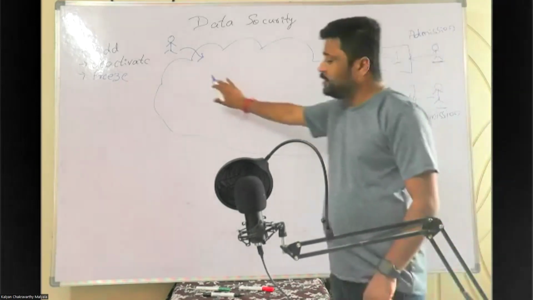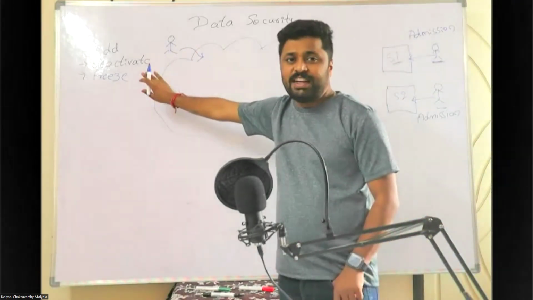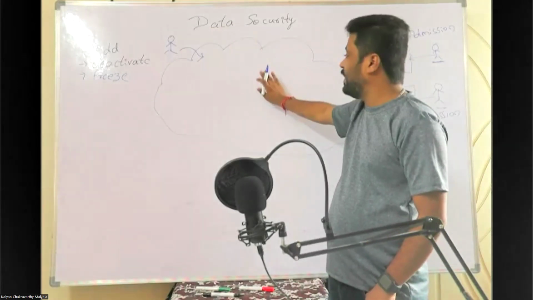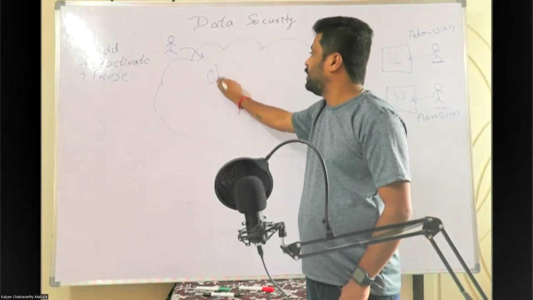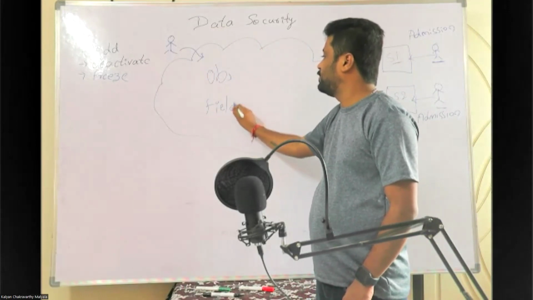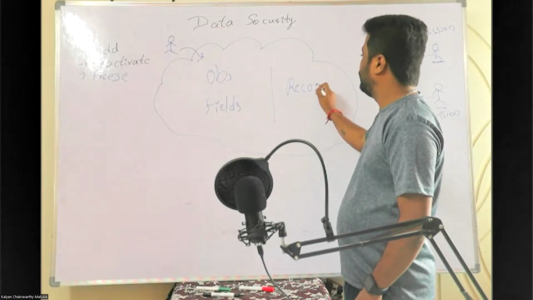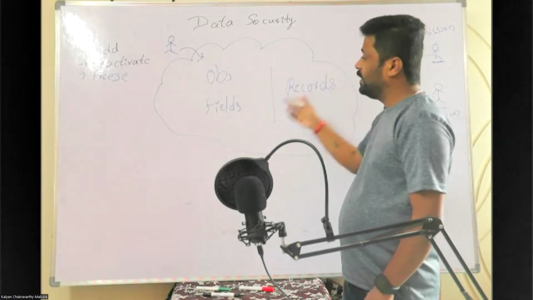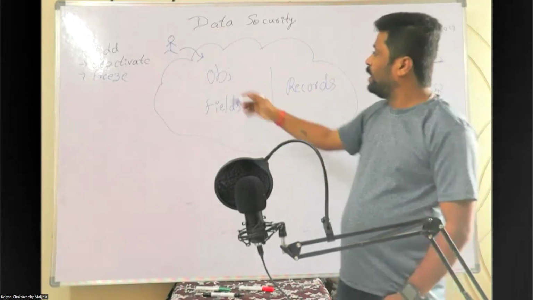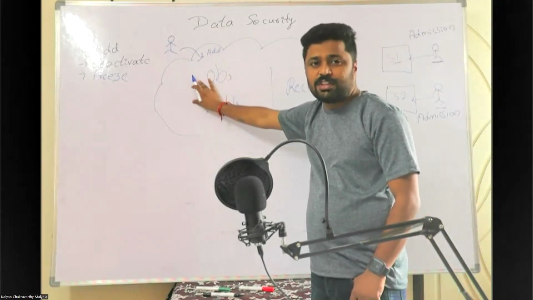Now, this is one organization. If you want users to enter into this organization and access objects, fields, or even the actual data, records, then you need to add the user into this organization only.